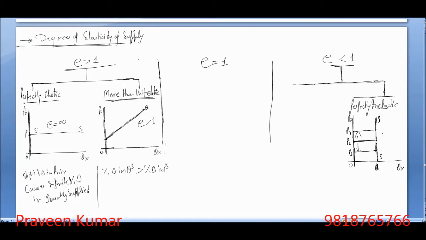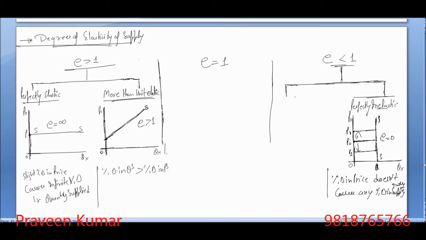So in this case, elasticity comes out to be 0. Why? Because a percentage change in price doesn't cause any percentage change in quantity supplied. Hence the elasticity of supply is 0.